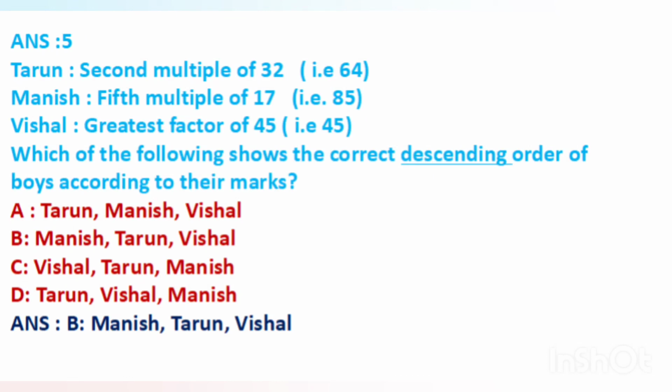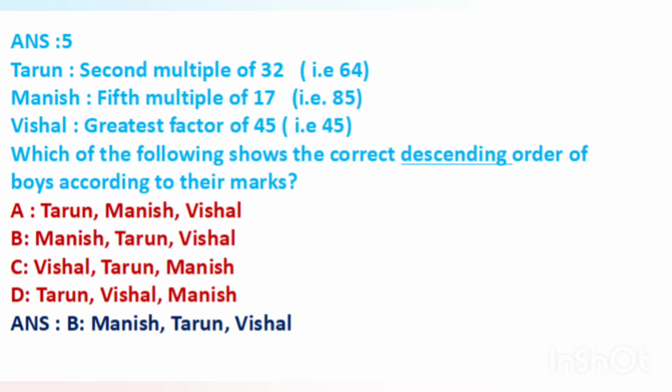Vishal, the clue given is greatest factor of 45. Now finding the factors of 45, you have to think that 45 is divisible by which numbers. That is 1, 45, you will have 3, 15 and so on. But this is the greatest factor. So obviously the number itself, that is 45.